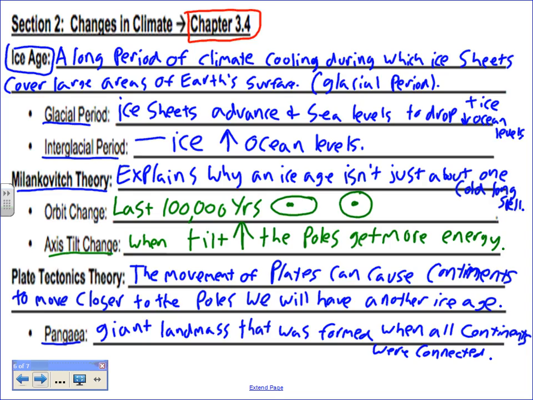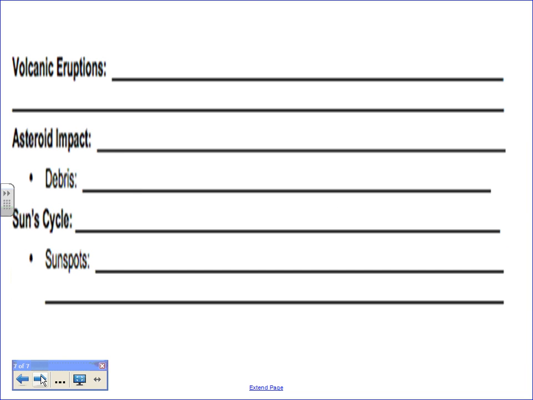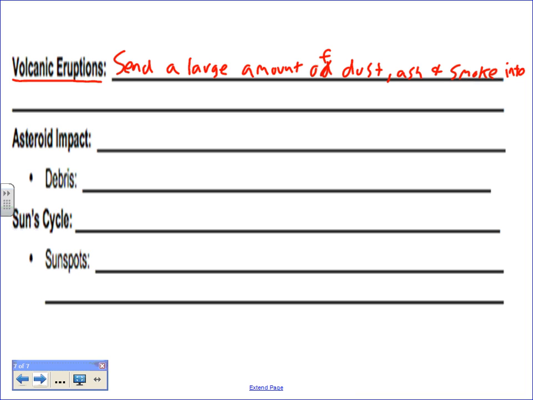Okay? And the last things I want to talk about, one of them is volcanic eruptions. All right? I'll put this in red because volcanoes, lava's hot. Volcanic eruptions send a large amount of dust, ash, and smoke into the atmosphere.